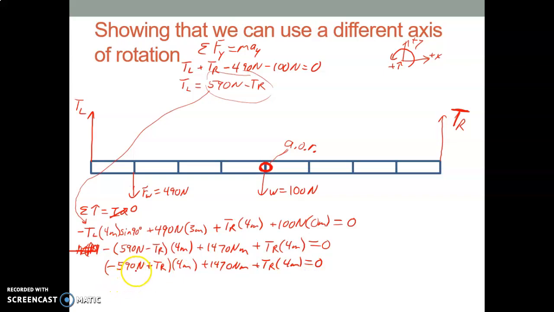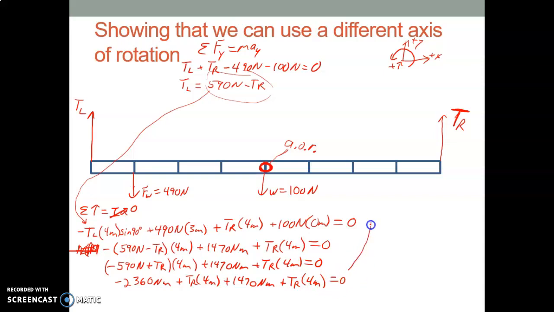And then we say 590 times 4. We get 2,360 newton meters. Plus T sub R times 4 meters plus 1470 newton meters plus T sub R times 4 meters.